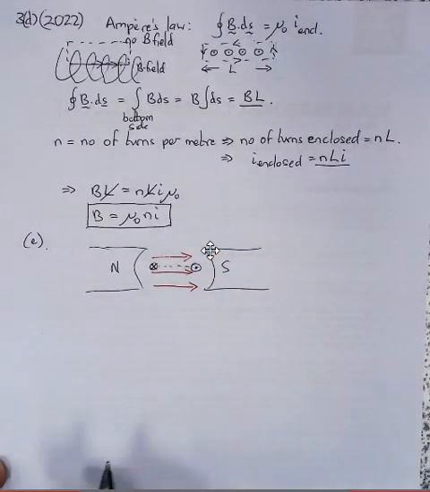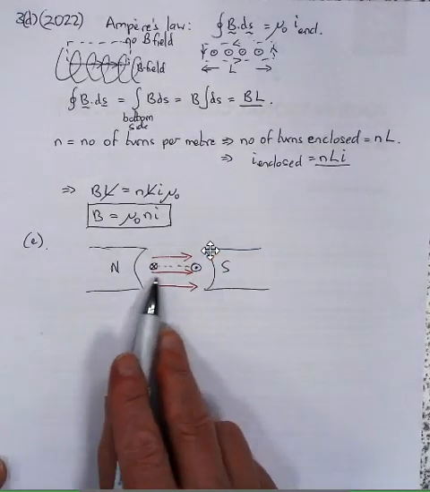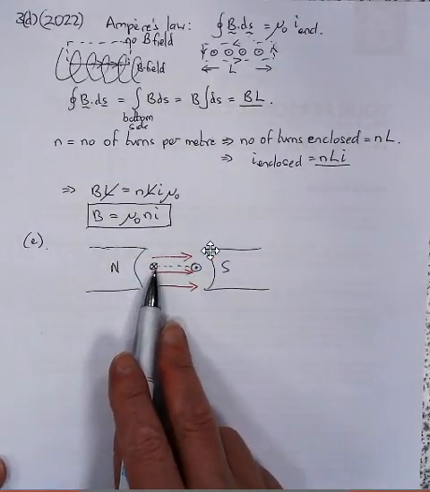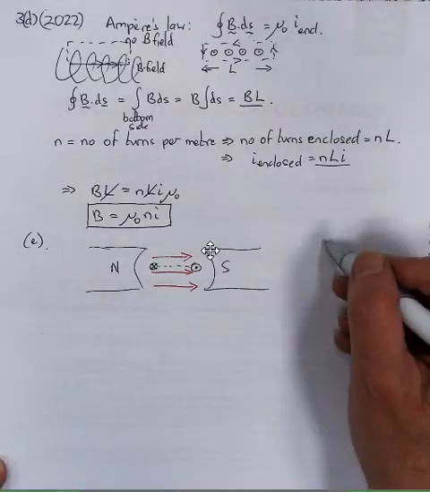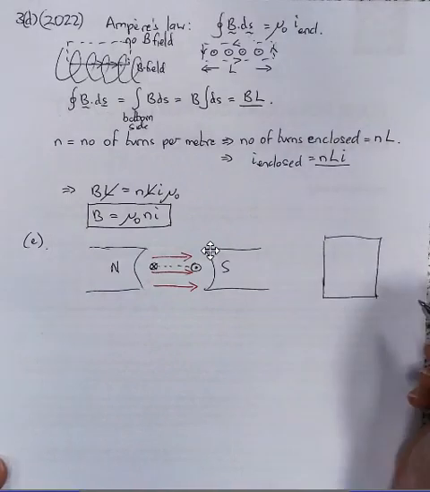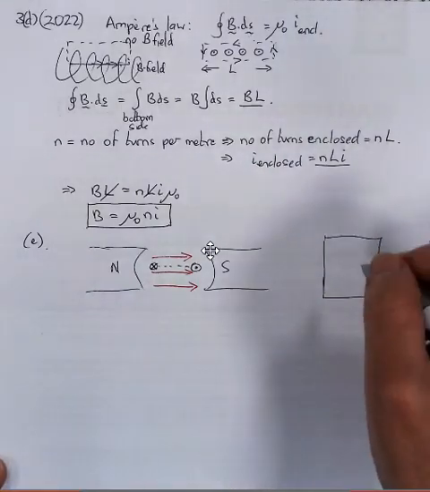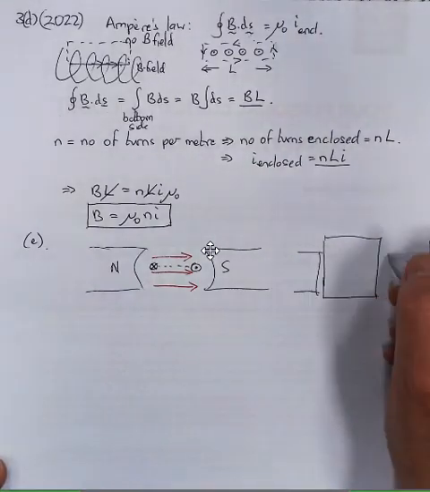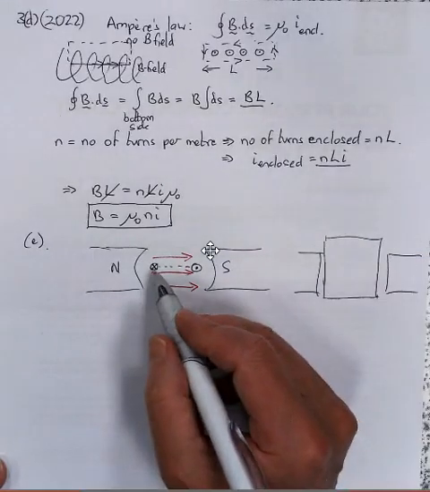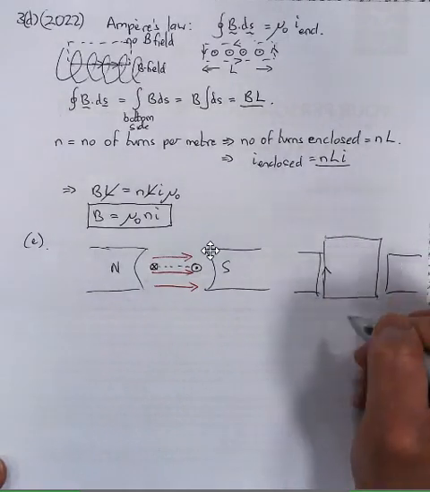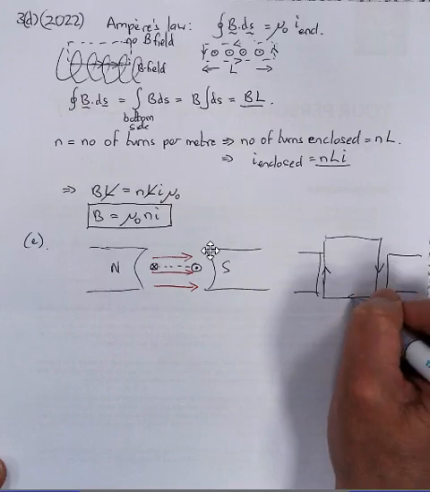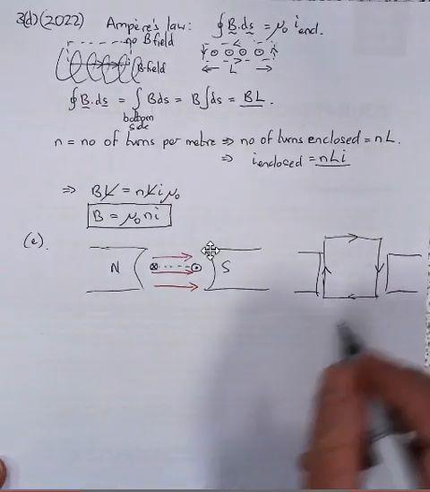From the top view, this is what your coil is looking like. There's your north, there's your south, and the current is going into the plane here, and out there, and it's going around like that.